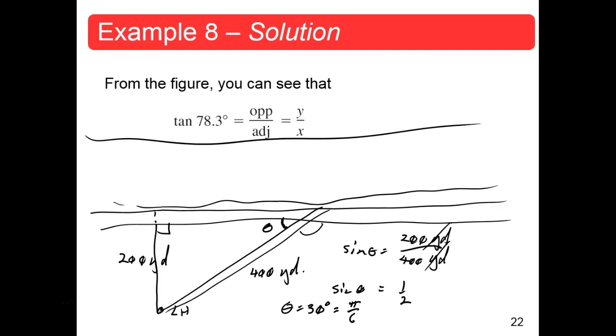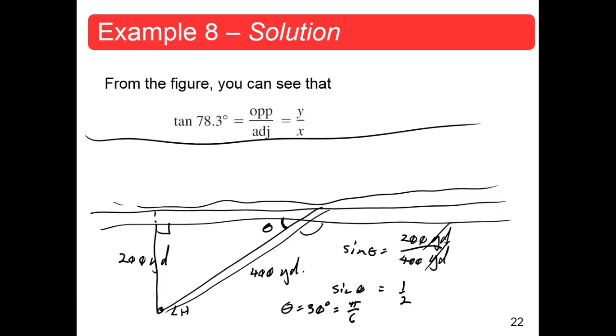Okay, any questions on this? Now, there was another way to do this, but we haven't hit it yet, and I'll hold off telling you another way to do this one. But we knew this one because we knew that the sine of 30 degrees is 1/2.